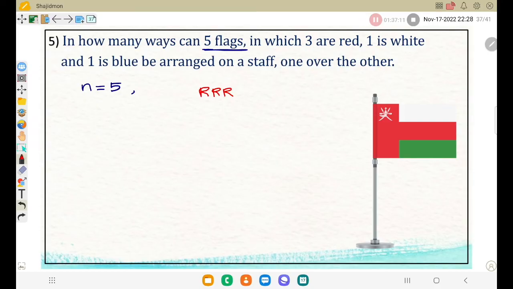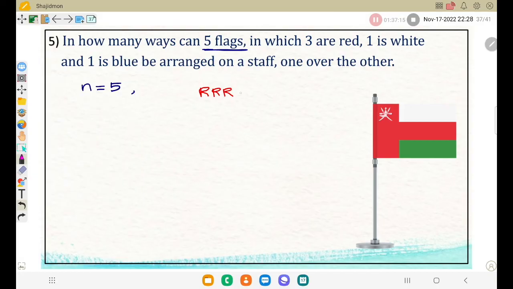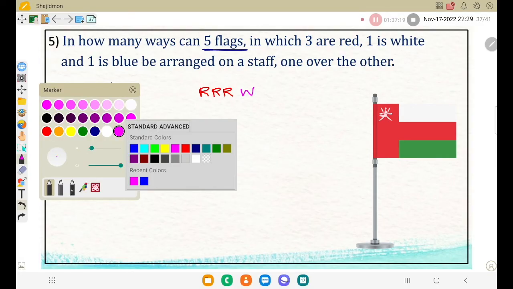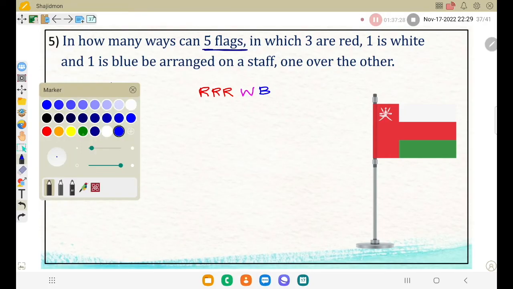Okay. And 1 white flag. 1 flag is white. And 1 is a blue flag. 3 red flags, 1 white flag, and 1 blue flag.